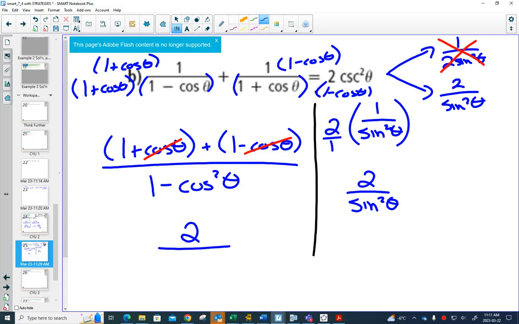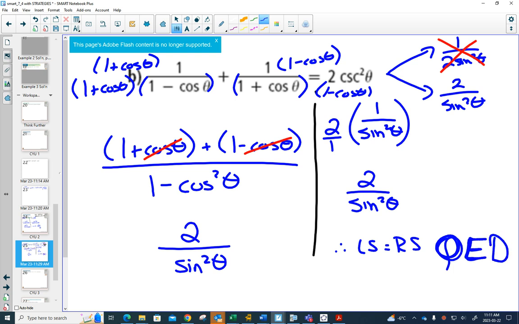That's our big idea. We can change that directly to sine squared theta. And we are done.